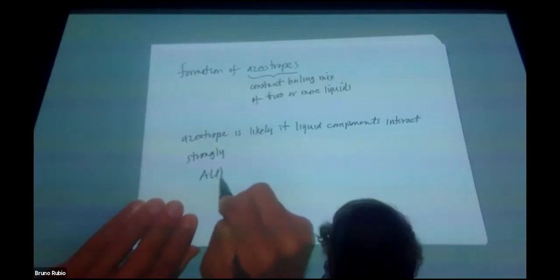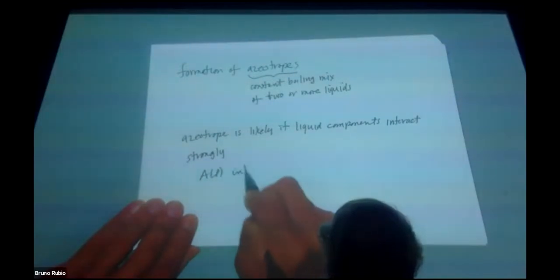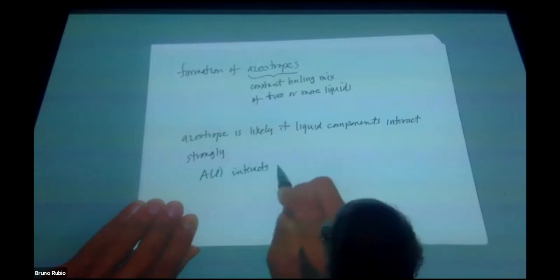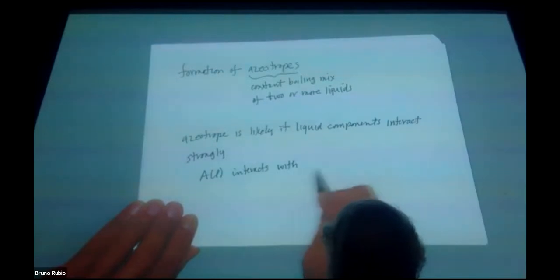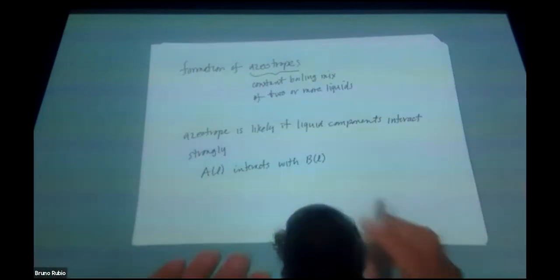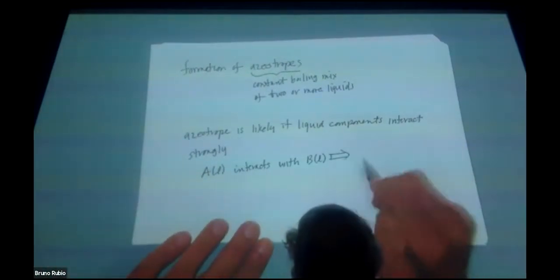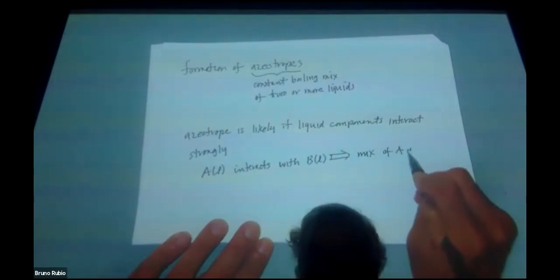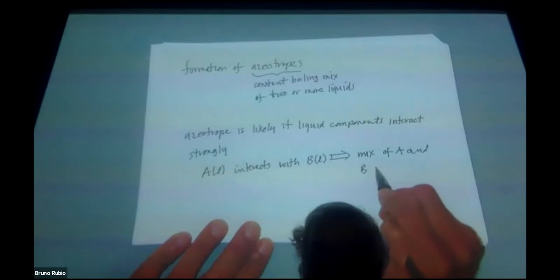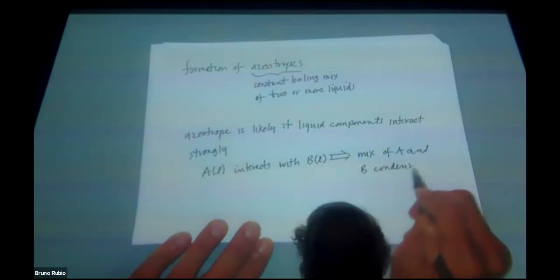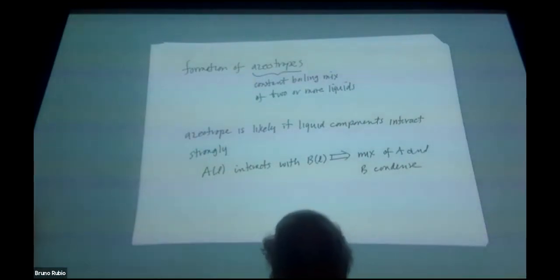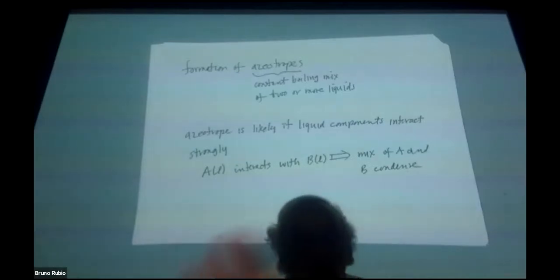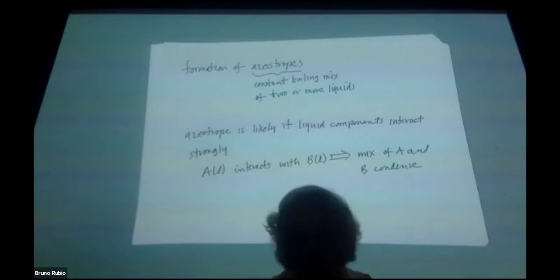A is a liquid, which interacts with B, which is also a liquid, and what you're going to get is the mixture of A and B condensing. It's not going to be just pure A or pure B. It's going to be this mixture that's condensing, and so you haven't really affected the separation.